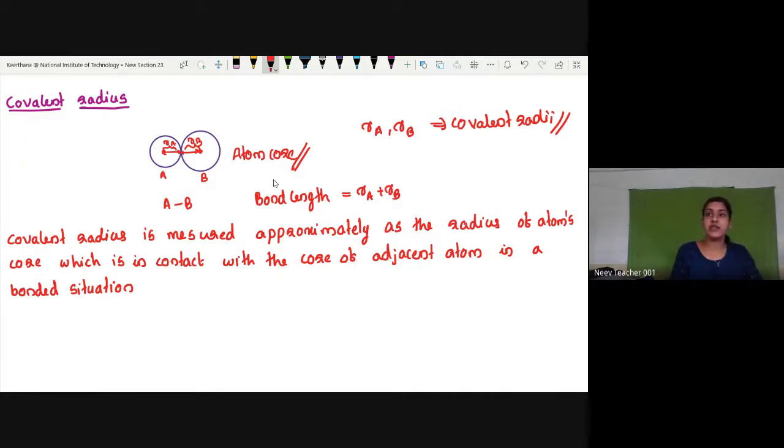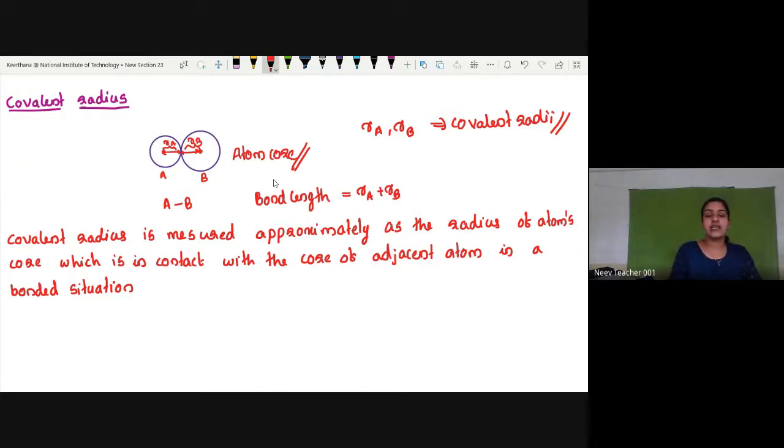So in order to find the covalent radius, we take the atom without valence electrons, only measuring the radius without the valence electrons. Atom's core means atoms without valence electrons.